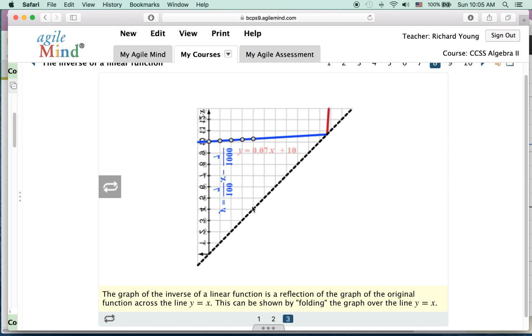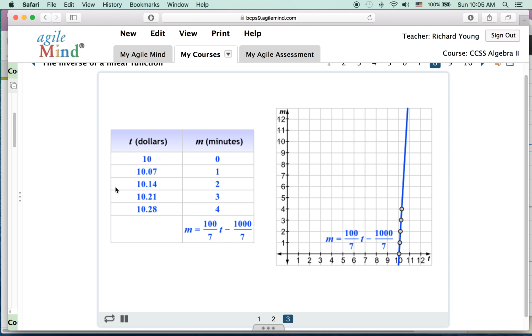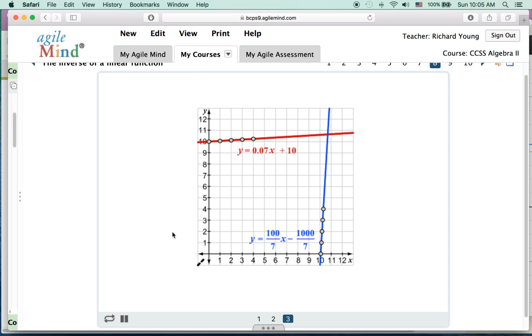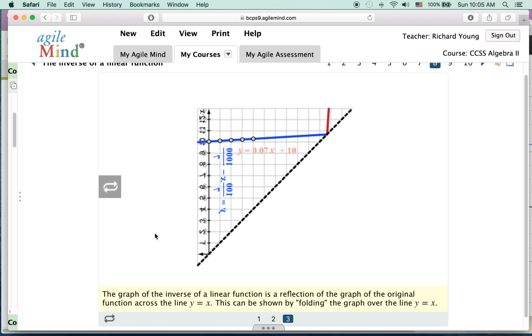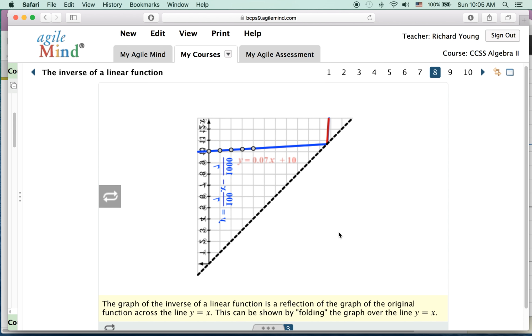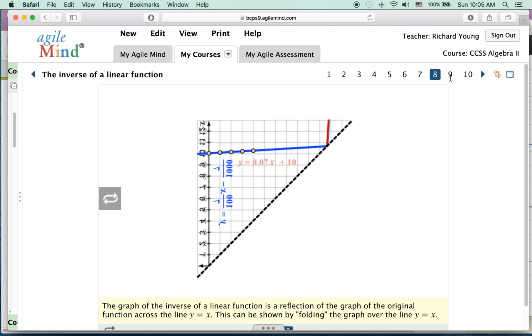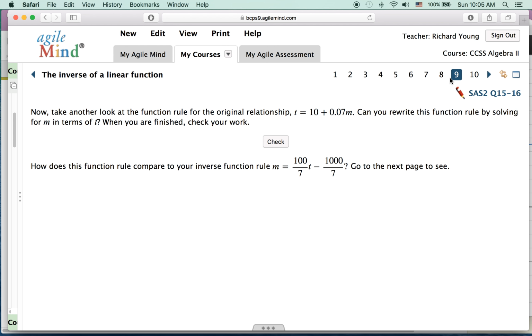We see they are symmetric about y equals x. Let's look at that one more time. So you should be ready to complete this activity sheet, and that's all.